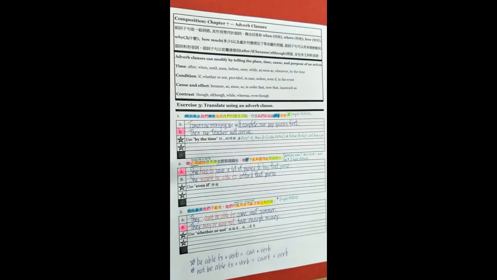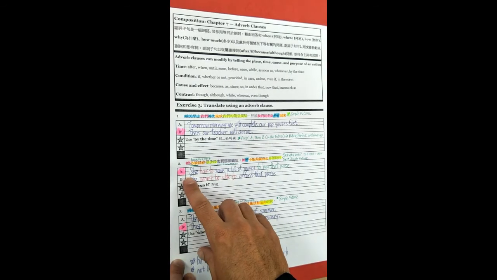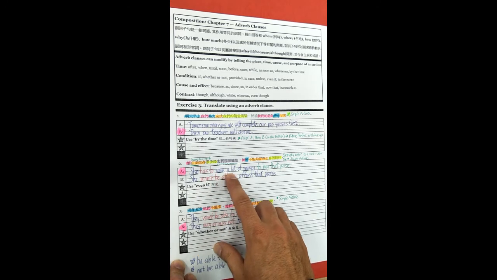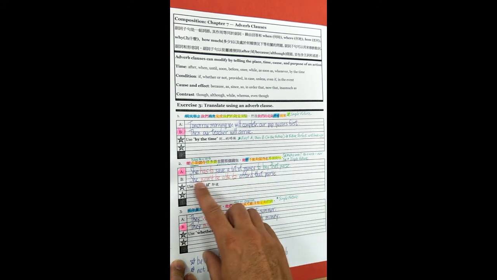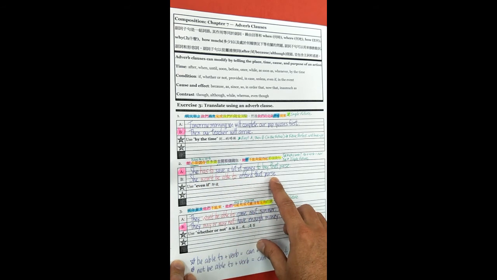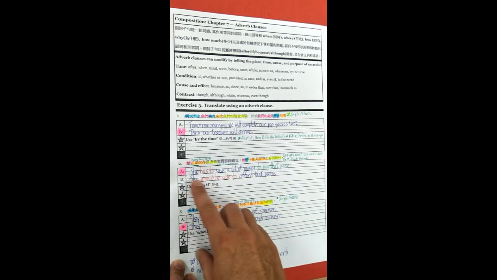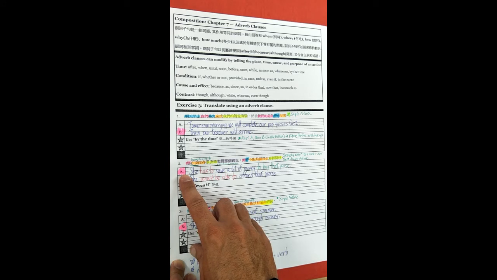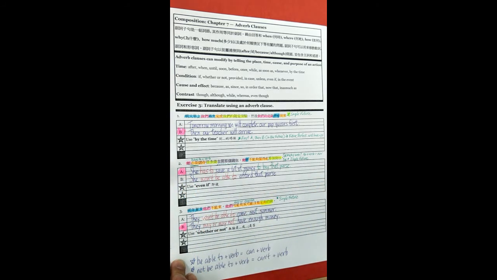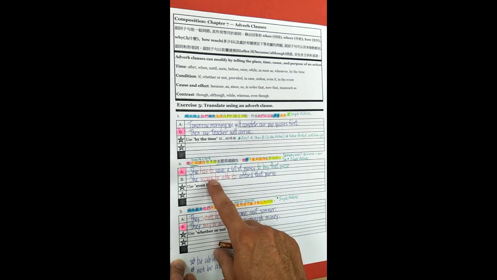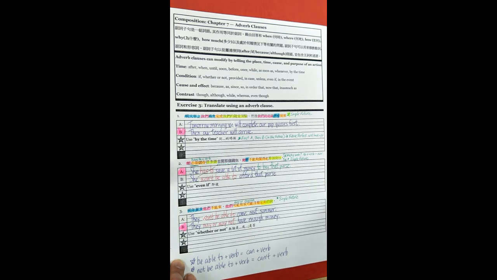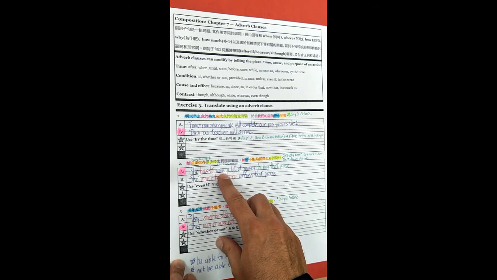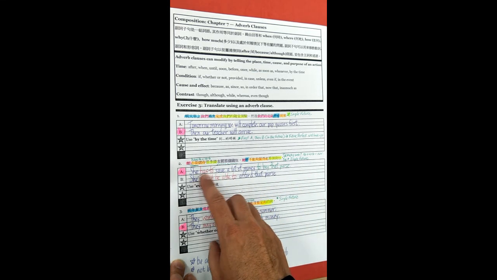All right, number 2. She has to save a lot of money to buy that purse. She won't be able to afford that purse. All right, we're going to change sentence A into the adverb clause. Now remember, the adverb clause does not like these helping verbs. So, has to is going to go out. I'm going to change this into simple present.